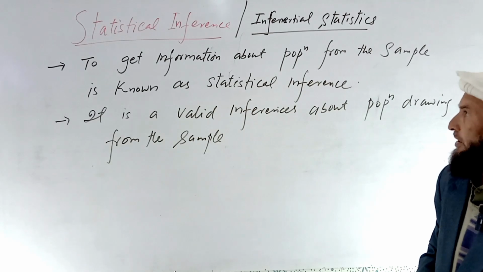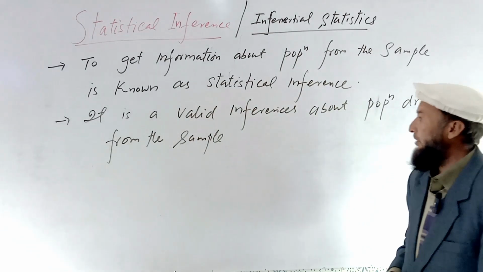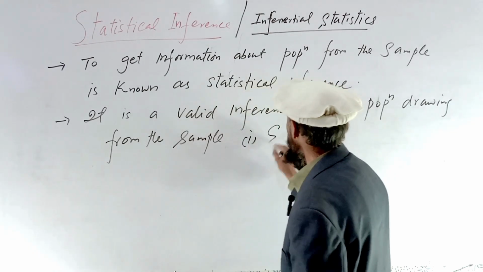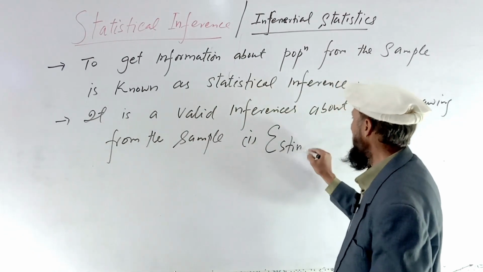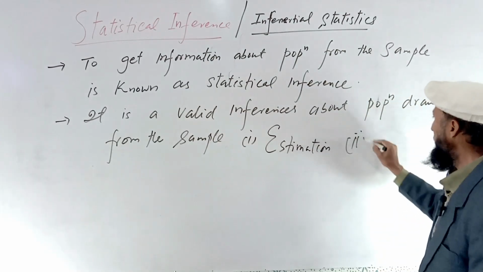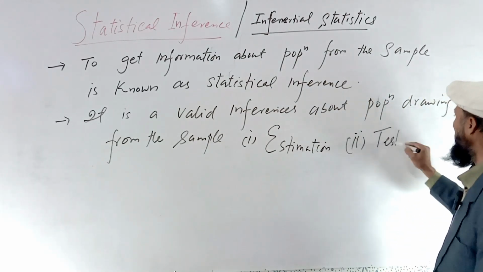There are two major types of statistical inference. The first one is estimation, and the second is testing of hypotheses.